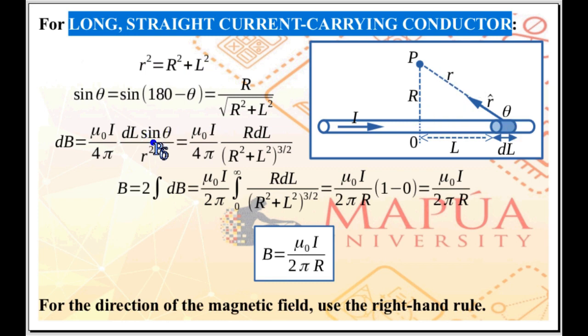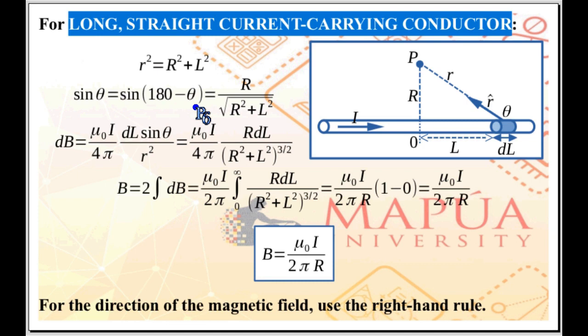Now, sine of theta: if you use the supplementary angles identity for the sine function, this angle is 180 minus theta. If you get the sine function of this angle, this will give you the same answer as sine of theta. So sine theta is equal to sine of 180 minus theta.